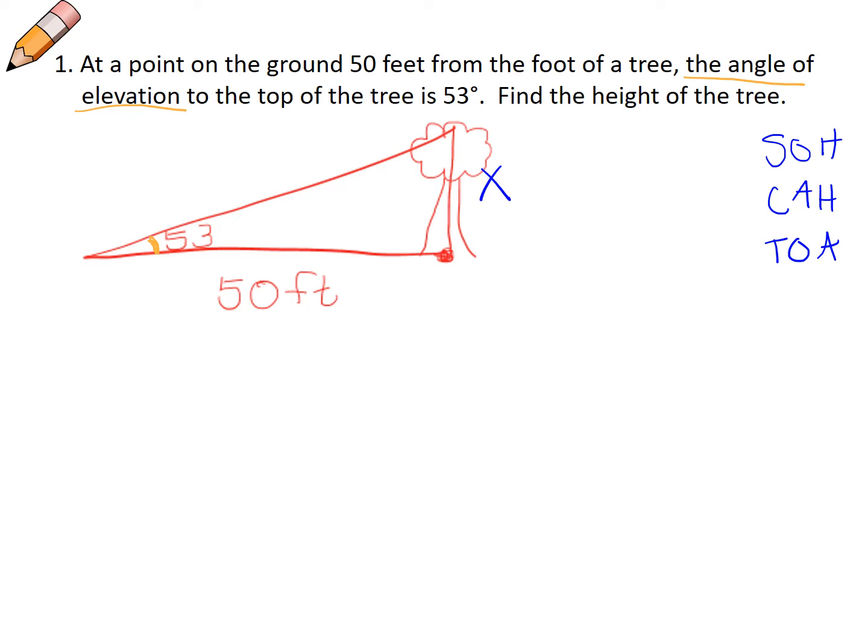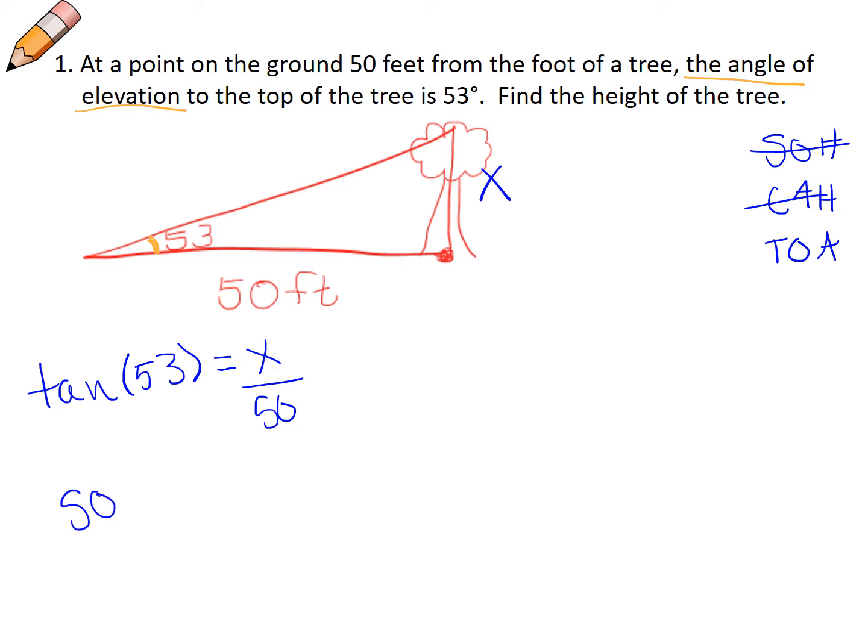So we're not going to use sine or cosine, right? We have opposite and adjacent. We don't have the hypotenuse length. So we're going to do the tangent of angle 53 is equal to opposite, which is x, over adjacent, which is 50 feet.